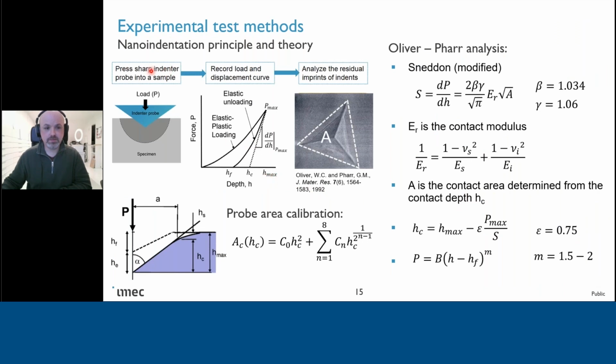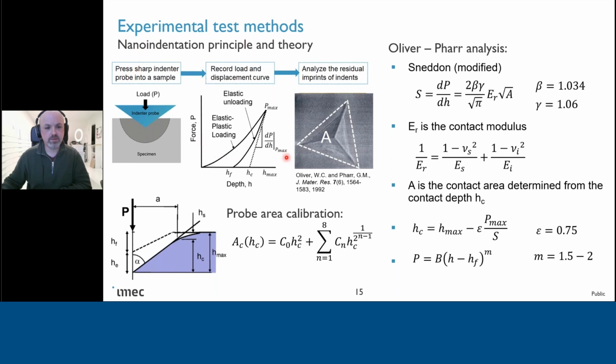For those who are not familiar with nano indentation, basically nano indentation uses a certain probe, typically diamond. It can also be a different type of material, but most of the time it's diamond, and it's pressed inside the material.